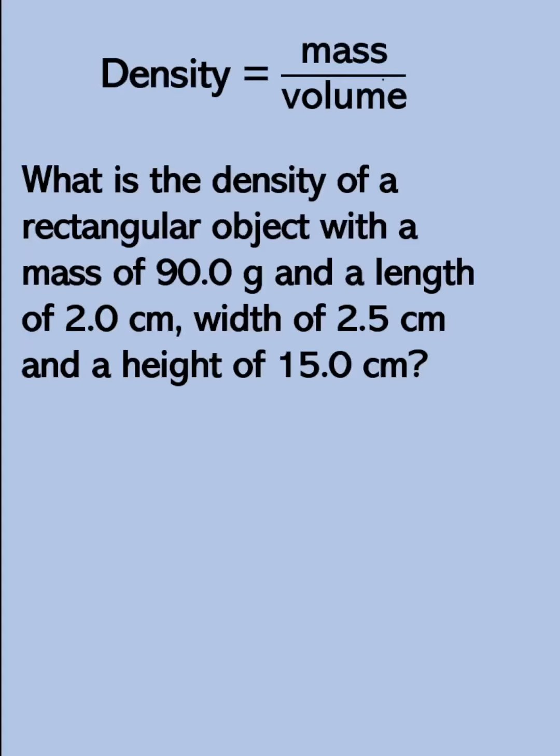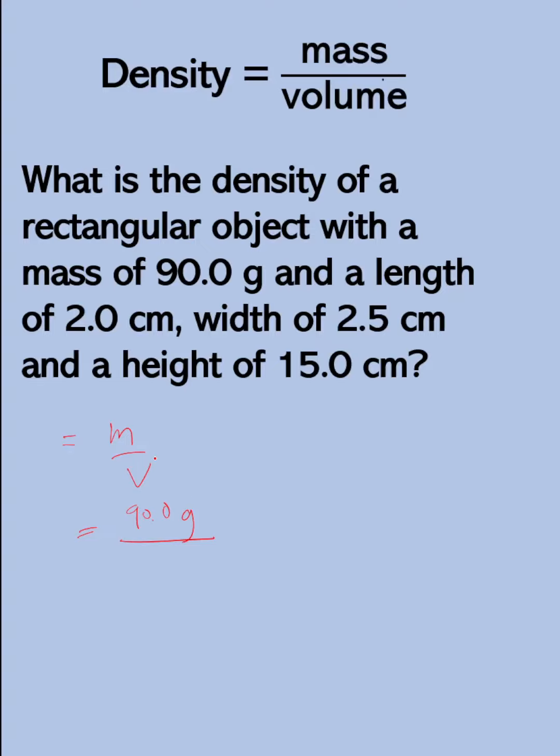Next, what is the density of a rectangular object with a mass of 90.0 grams and the length of 2.0 centimeters, width of 2.5 centimeters, and height 15 centimeters? Again, it's equal to mass over volume, and given yung mass, we have 90.0 grams.